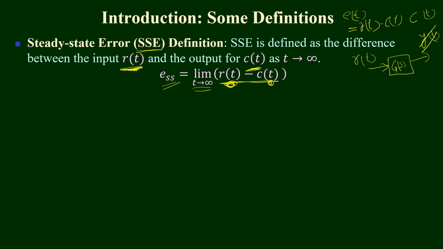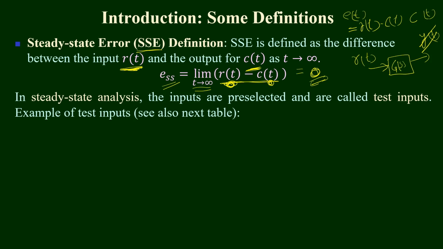Generally it is required that this should be equal to 0, but in many cases it may not be possible to get exactly 0, but within a certain percentage like 10% or 5% of the total value can be achieved. So this is the type of thing we will be discussing.